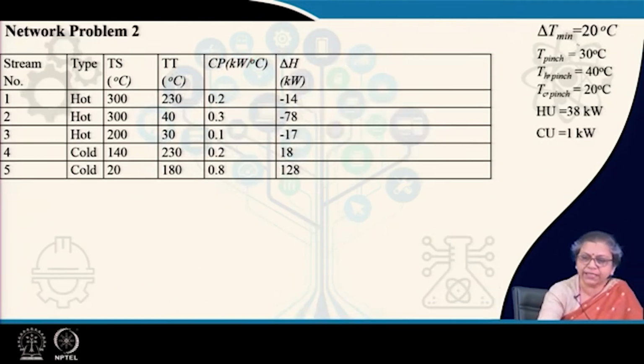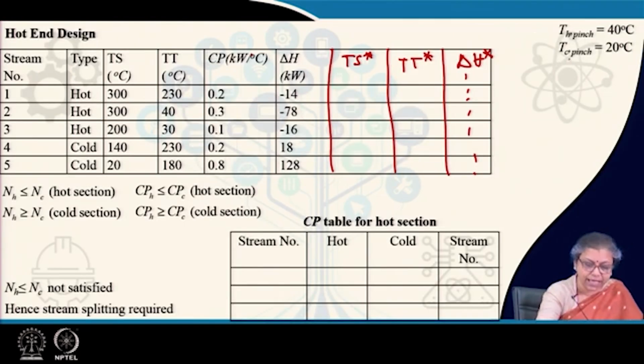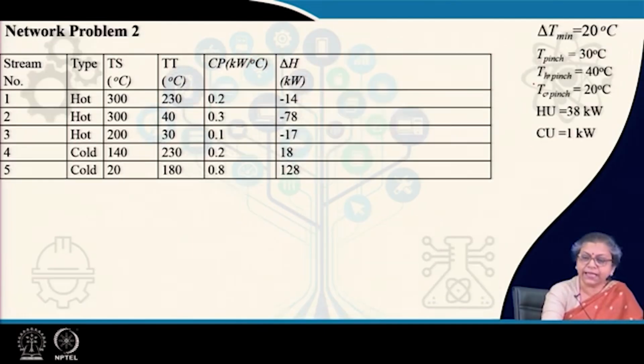Yeah, the delta T min in this particular case I had specified that I am doing this work for delta T min equals 20 degrees centigrade. Now, if you have done the whole thing, then you will find that the pinch temperature is coming to 30 degrees centigrade, hot pinch naturally 40, the cold pinch naturally is 20 degrees centigrade. Total hot utility requirement is this one and the cold utility requirement is this one.